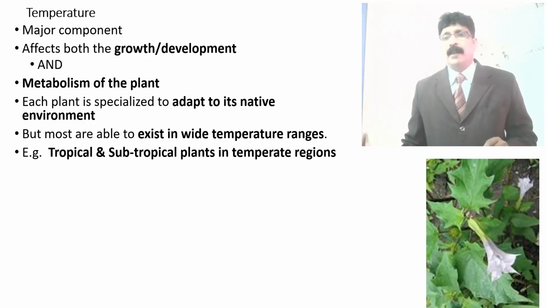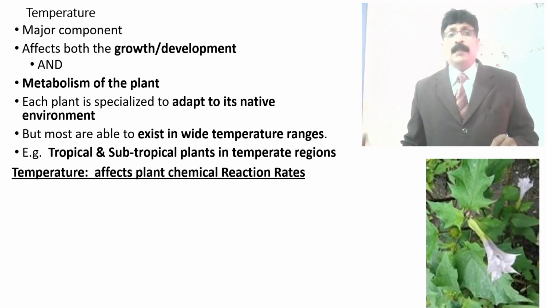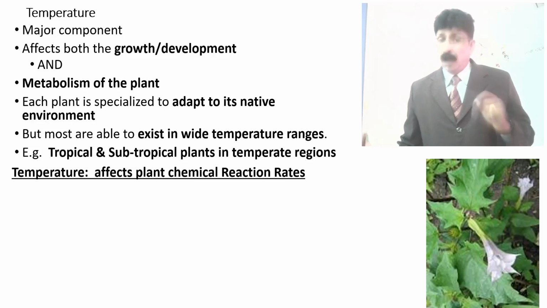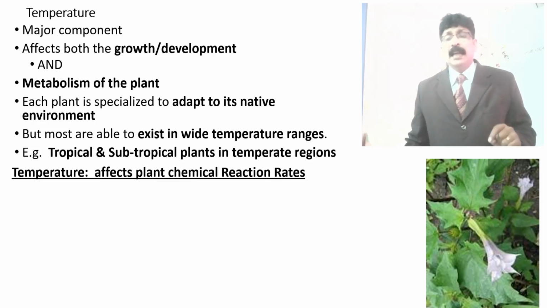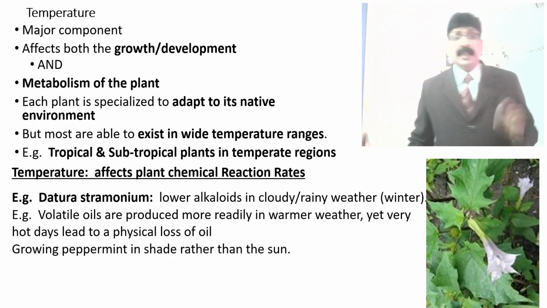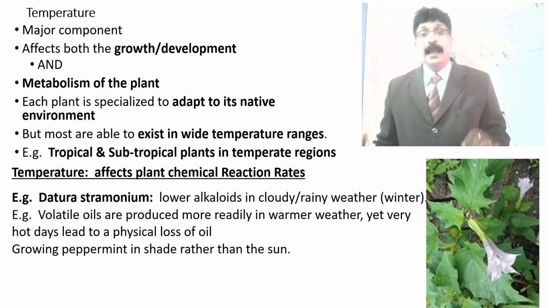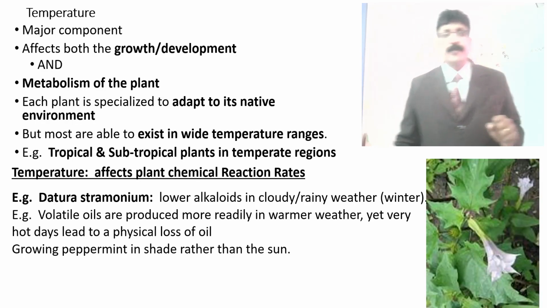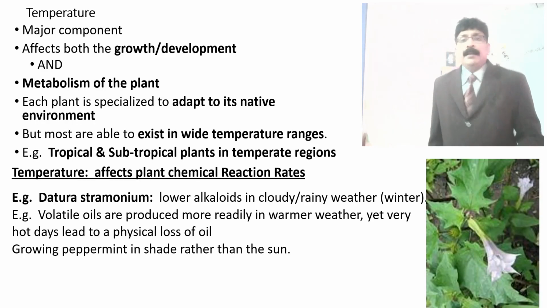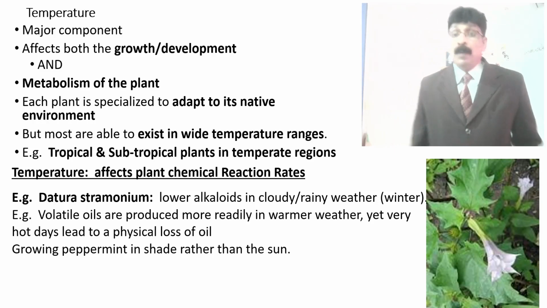We want to tell about Datura stramonium. Temperature affects plants' chemical reaction rates. For example, Datura stramonium has low alkaloids in cloudy, rainy weather and the winter season. Volatile oils are produced more readily in warmer weather.